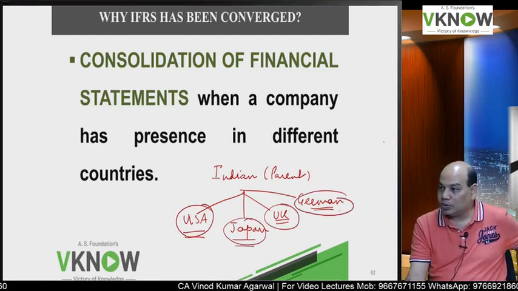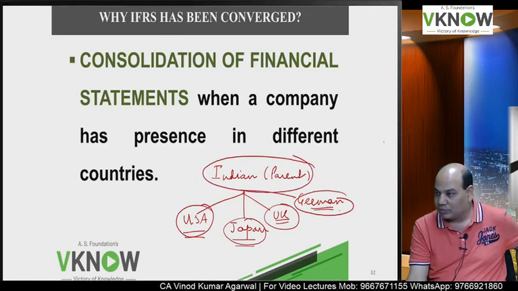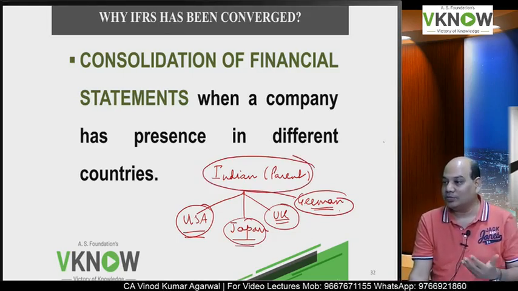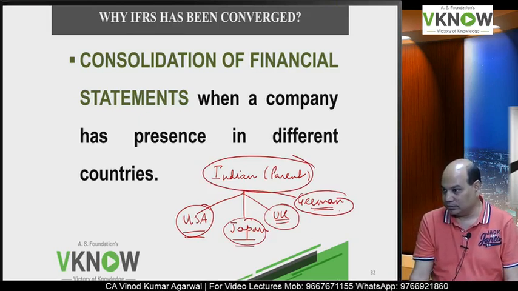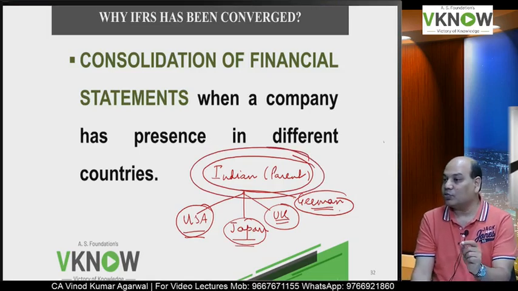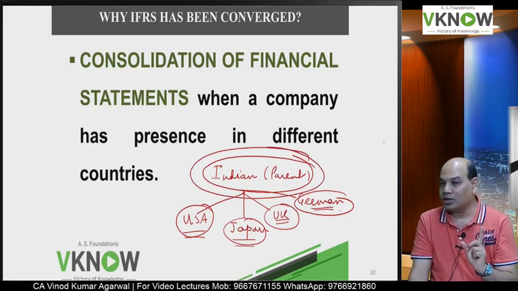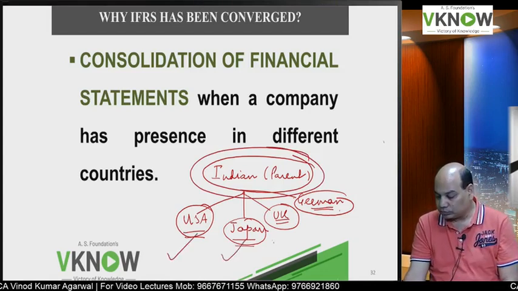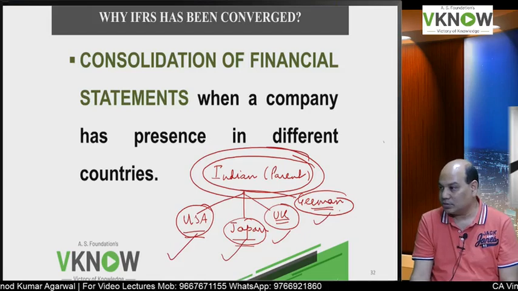They also have to prepare financial statements as per Indian GAAP, so that the Indian parent can consolidate them. Imagine the difficulty. It's a listed company, so the same exercise they have to do 4 times in a year. They will require experts to do this convergence.